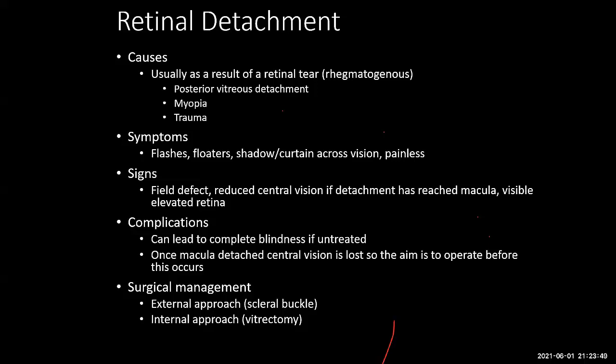So what you need to remember here is that anybody coming with painless loss of vision, always suspect things like retinal pathologies like retinal detachment. And usually they have symptoms like flashes and floaters prior to the detachment, and then sometimes field defect. Remember these signs and act accordingly.